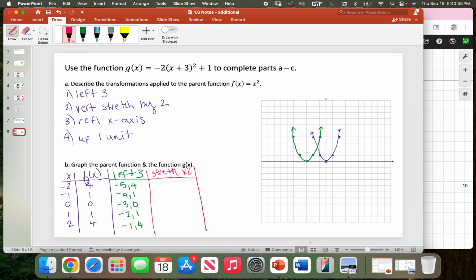If you use the points here, make sure you're being really careful. We're at -3, 0 here. This is going to stay. Here we're at -4, 1. We're only multiplying the y value, right? So -4, 2 instead.